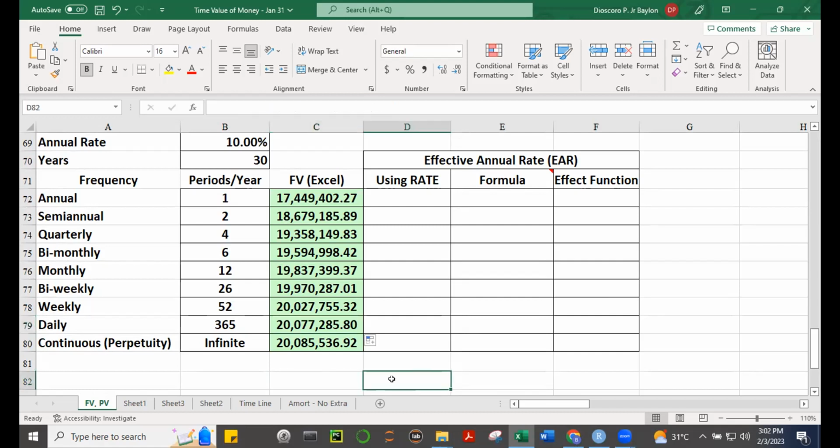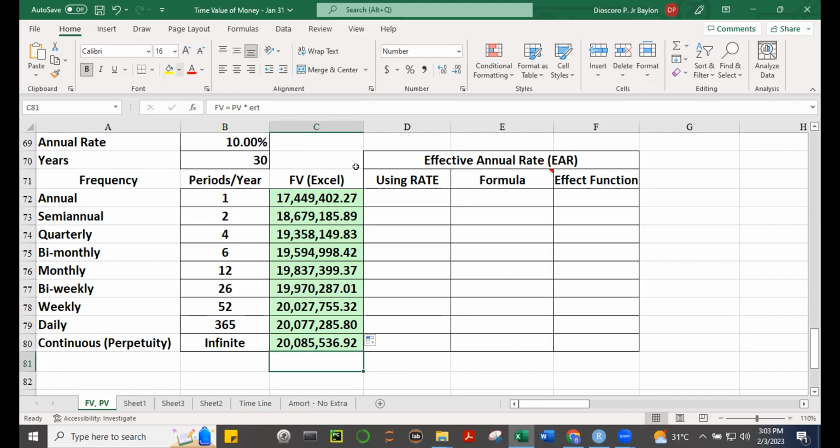So how about for the infinite? If it's infinite, then definitely that should be more because infinite compounding is more than daily compounding. So how do you compute for an infinite compounding? It's the same formula. In fact, you have it here.